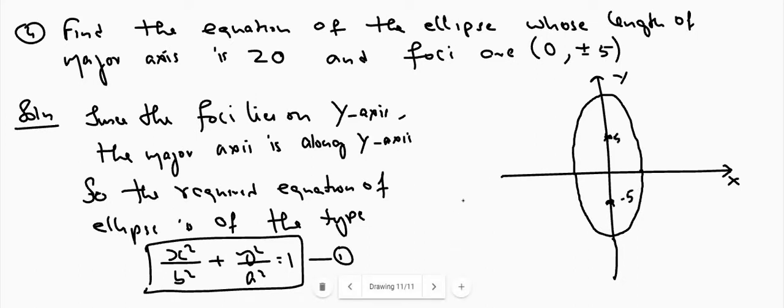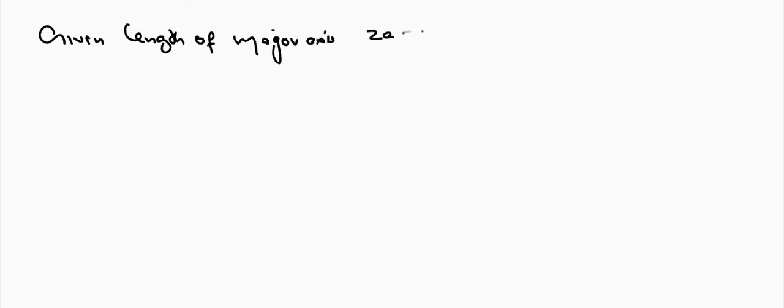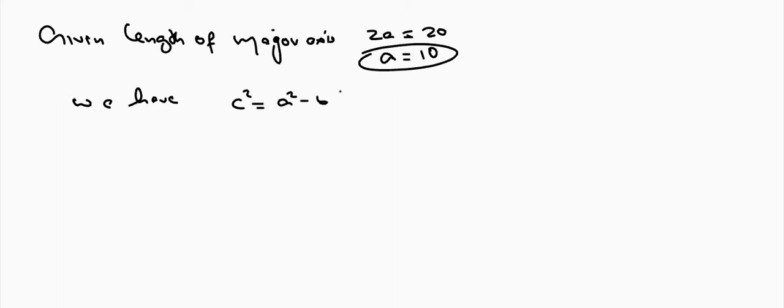Given that the length of the major axis is 20, the total length from here to here is 20. So the length of the major axis is 2a equals 20, we get a equals 10. Now we have c square equals a square minus b square.